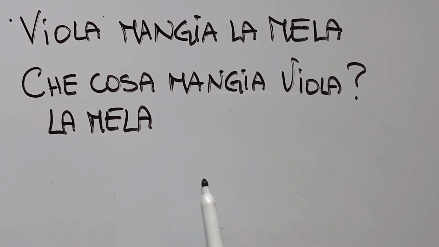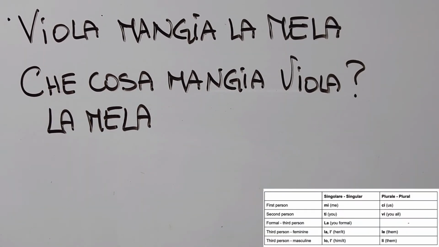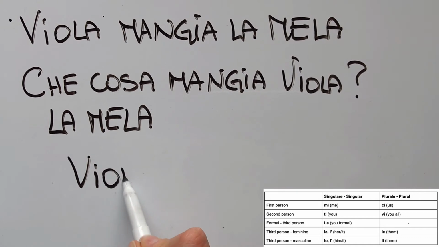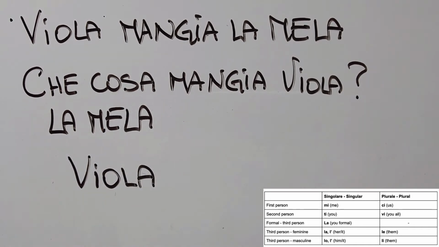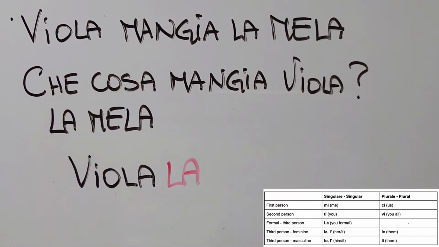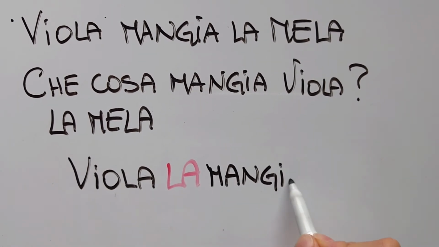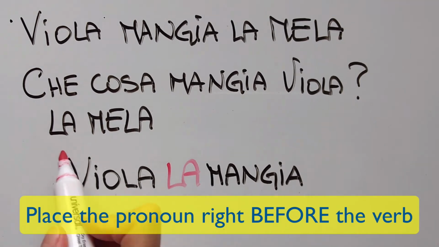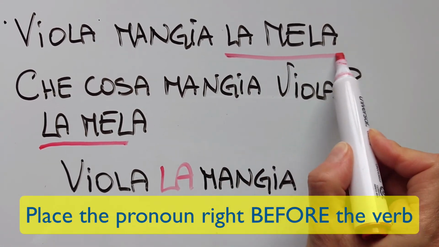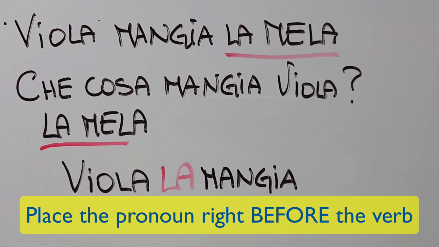It's feminine and singular. So from our list on the table that I showed you earlier, the pronoun for it, feminine singular, is la. Our sentence becomes Viola la mangia. Viola eats it. We place the direct object pronoun before the verb.